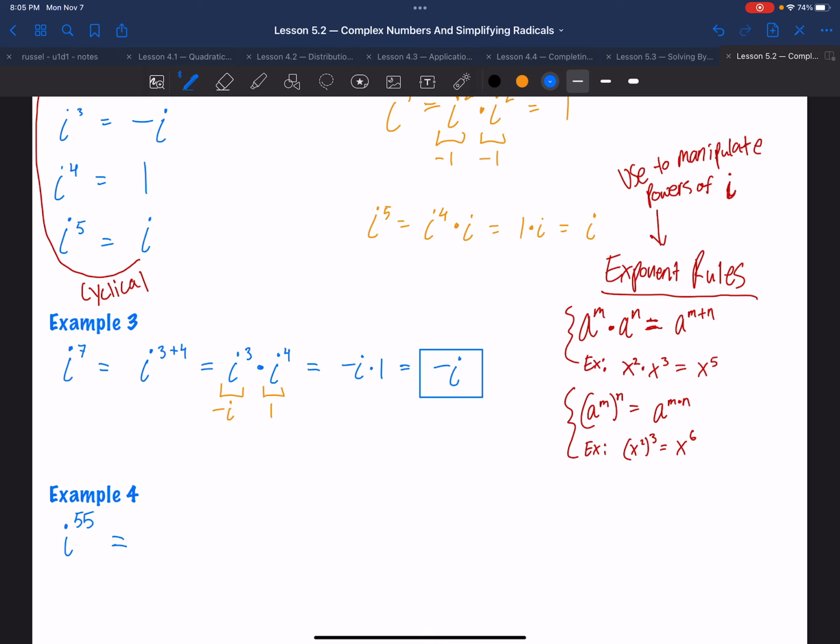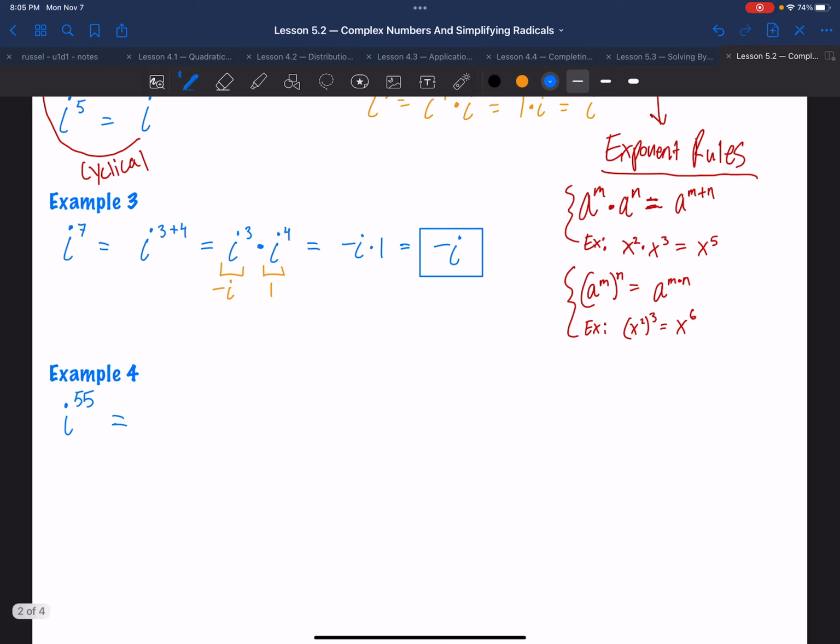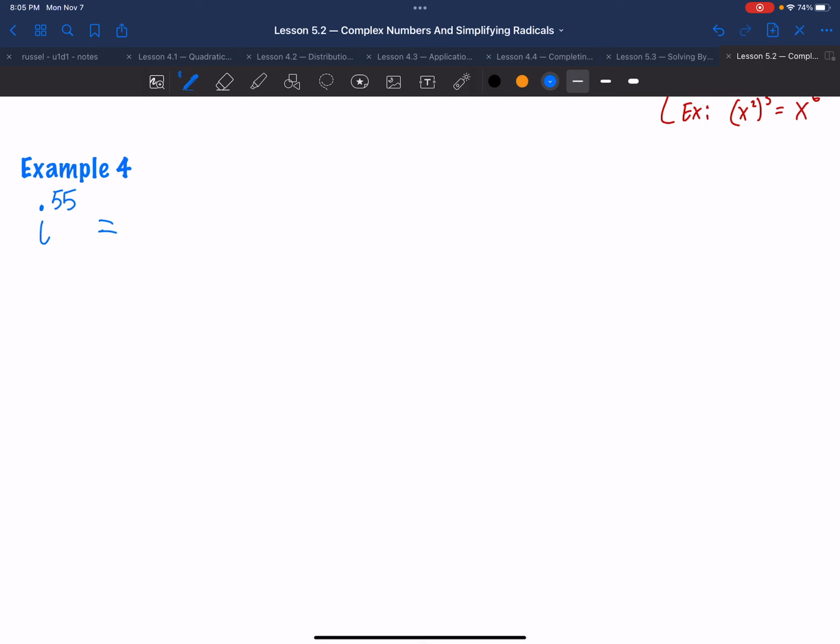So that's really easy to do math with. So take a look at i to the power of 55. The way I do this is look for the closest number to 55, to this power, that's divisible by 4.